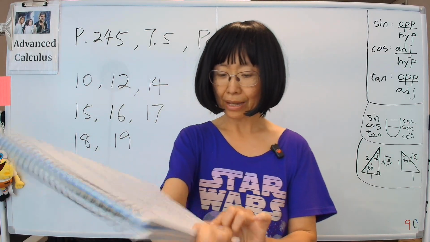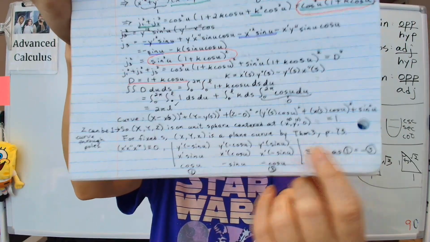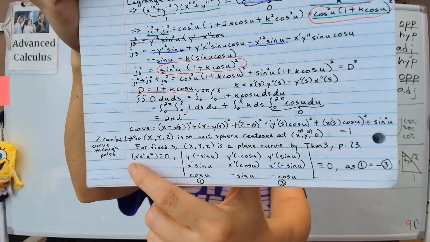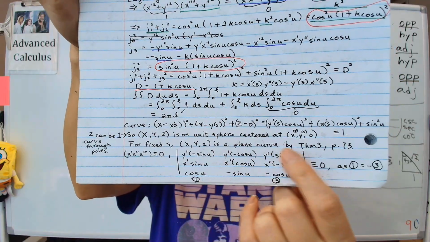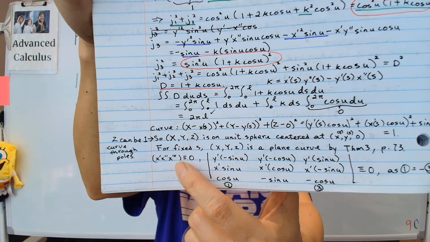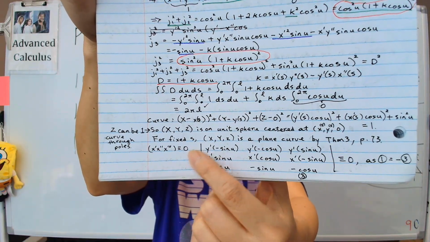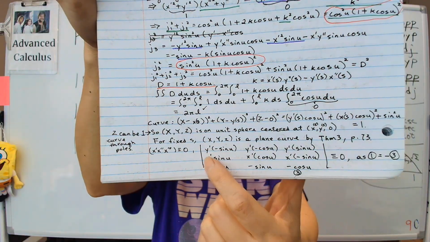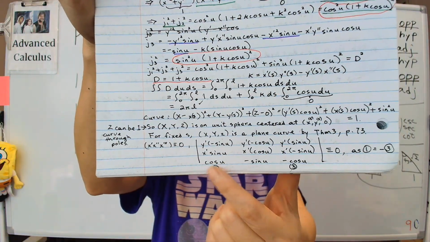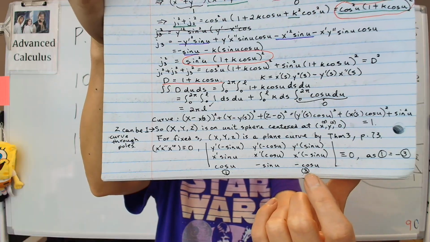That is by using theorem 3 on page 73, which gives the formula that if a curve has this quality, that the determinant of x prime, x double prime, x triple prime equals 0, which I calculated here, and this determinant is 0 because column 1 is the same as column 3, except negative.